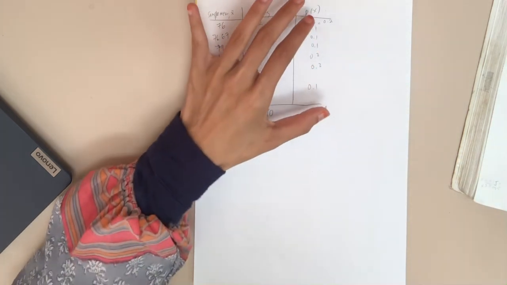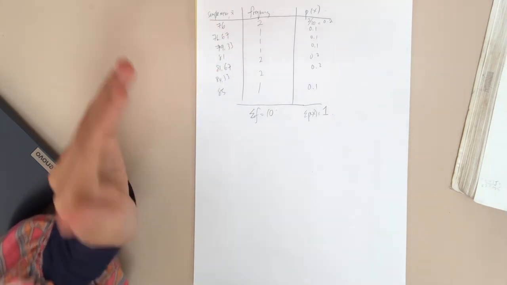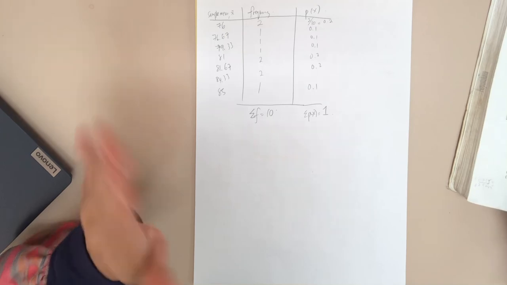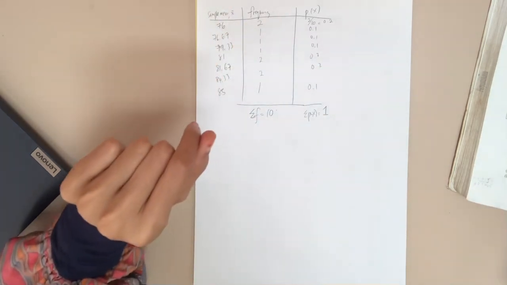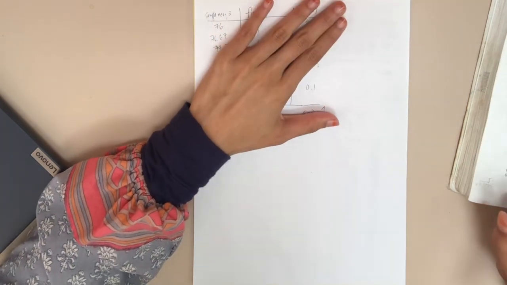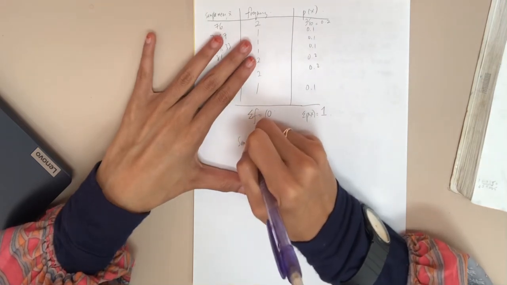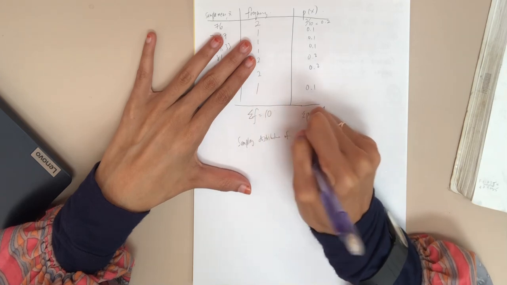You already learned about the PDF before in chapter 3. If you do not get 1, then something is wrong in your calculation. So this is what we call the probability or sampling distribution of X bar.